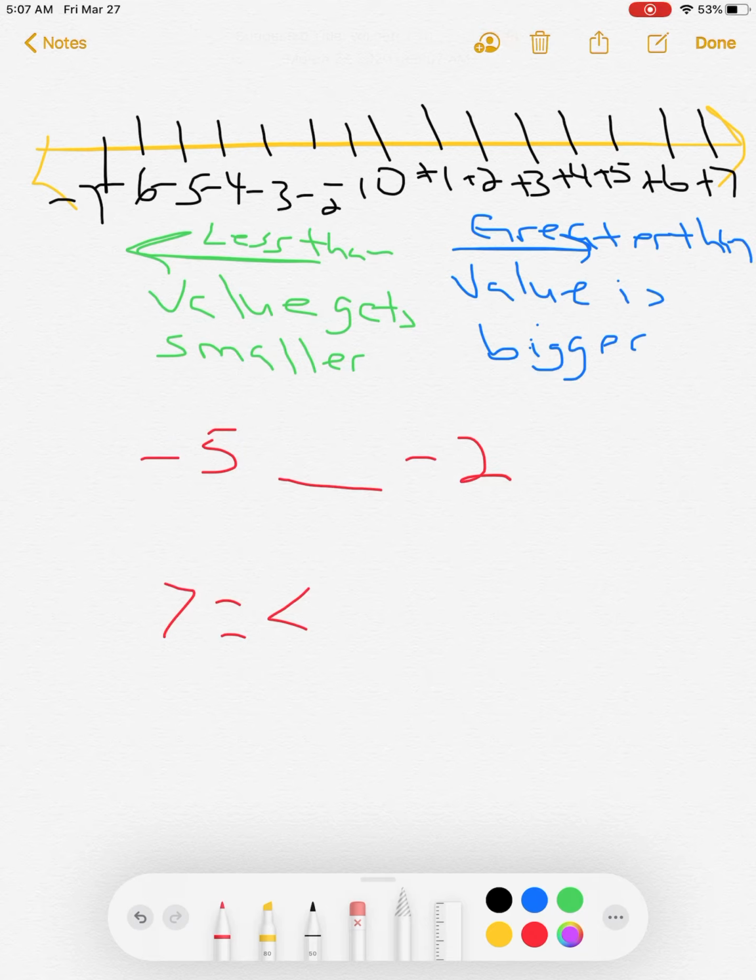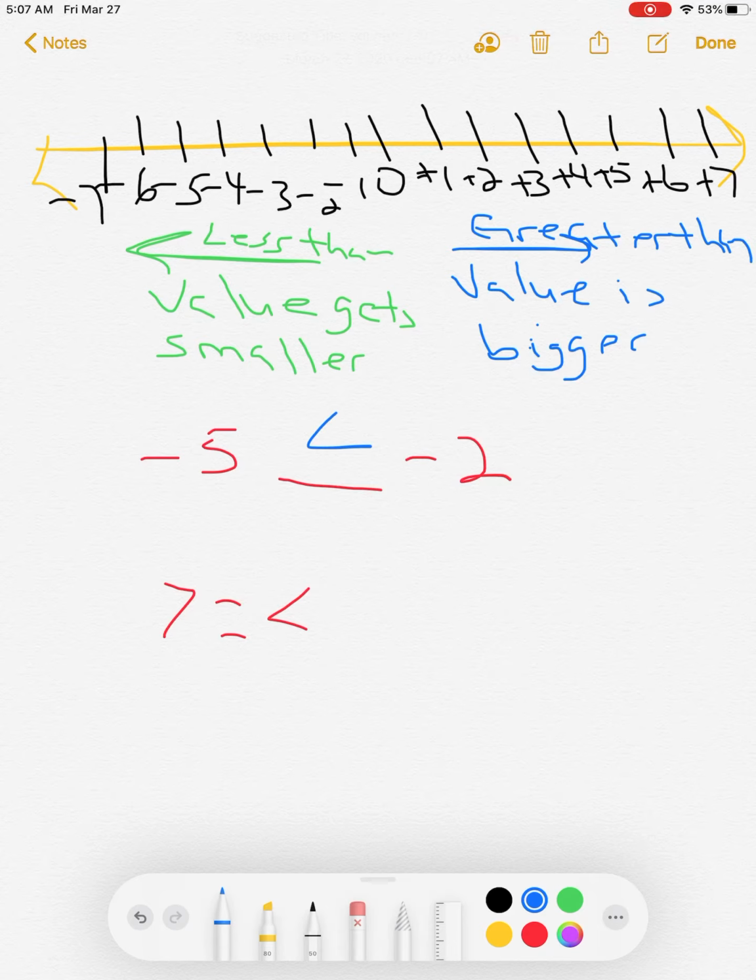So is -5 greater than, less than, or equal to a -2? I can look at the number line. -5 is here on the number line. -2 is here, going towards the place where the numbers get bigger. I know that -2 is greater than -5.